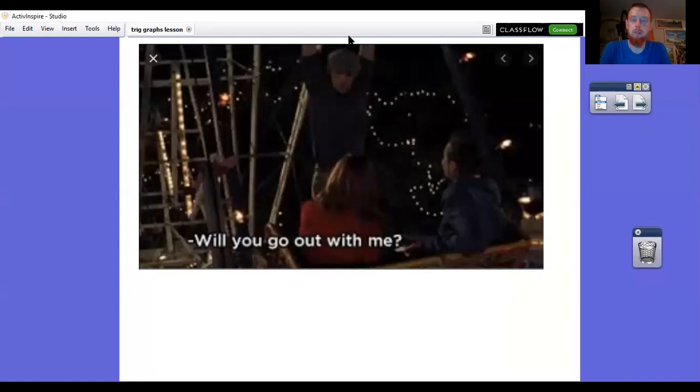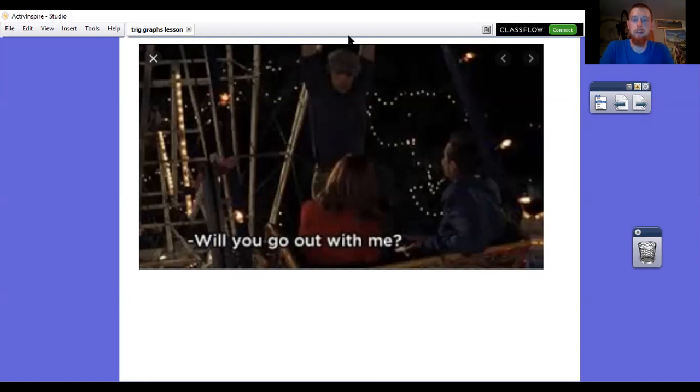I don't know if this movie came out in 2004, so I don't know if this is still a movie that teenagers watch today. It's kind of a sappy romantic story. Ryan Gosling, teen heartthrob, asks out his future wife by hanging from a Ferris wheel, and he won't let go until she agrees to go out with him. Not a good way to ask somebody out on a date. Kind of seems a little desperate, although the movie doesn't do a great job of driving that point home.